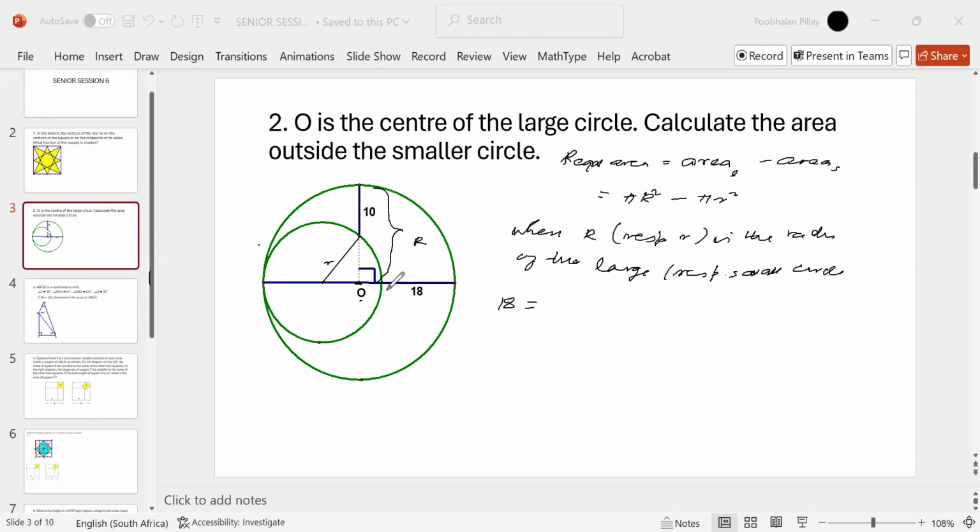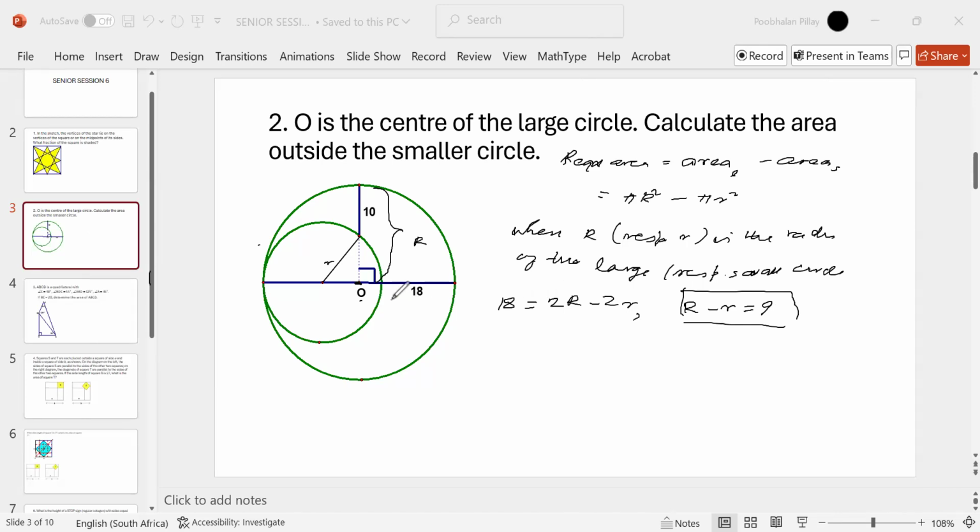If you take 18 and add it to the small diameter, you're going to get the large diameter. So 18 is equal to 2R, the diameter of the large circle, minus 2 small r, the diameter of the small circle. So there you have an equation: capital R minus small r is 9.